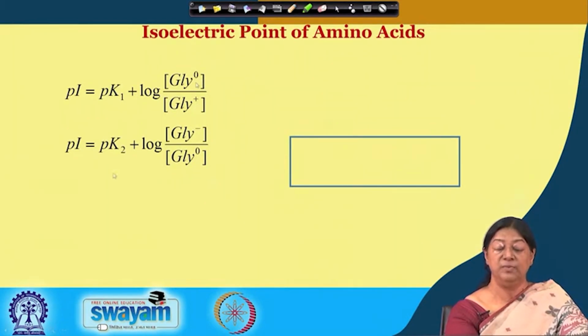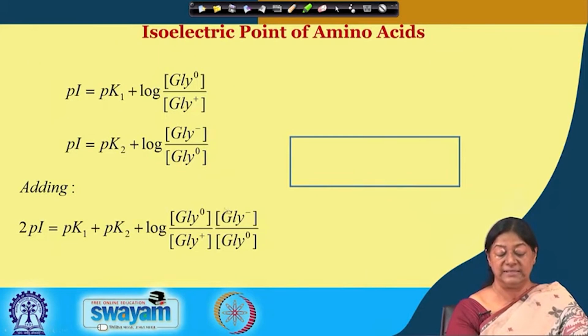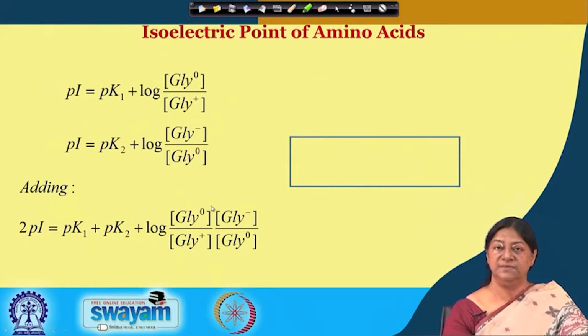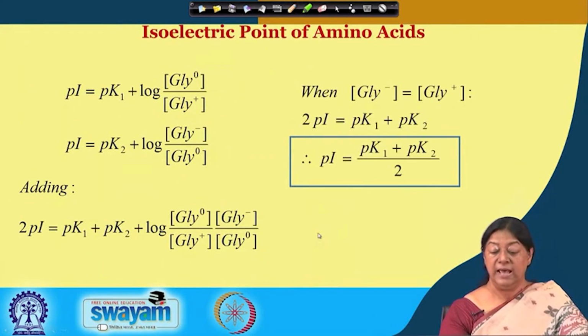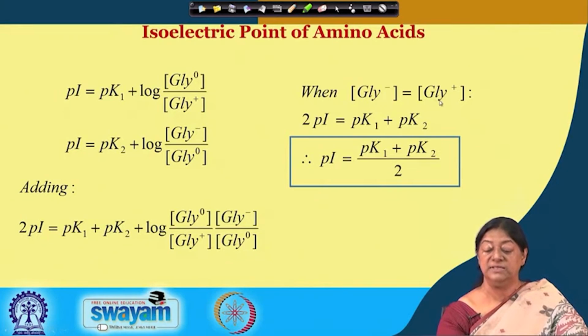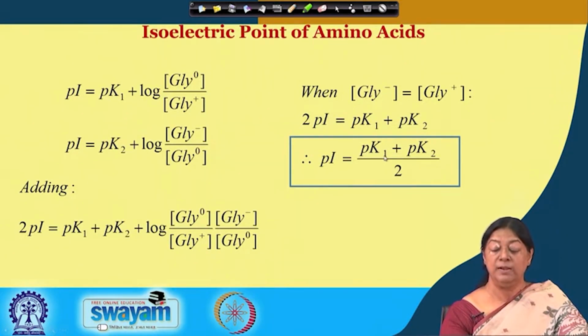In the second step, when we had pK2, K2, we have Gly0 as the acid and Gly minus as the conjugate base. If we add these two together, we find that if we look at a specific condition where Gly minus is equal to Gly plus, this part becomes 0 and Pi is equal to pK1 plus pK2 divided by 2.